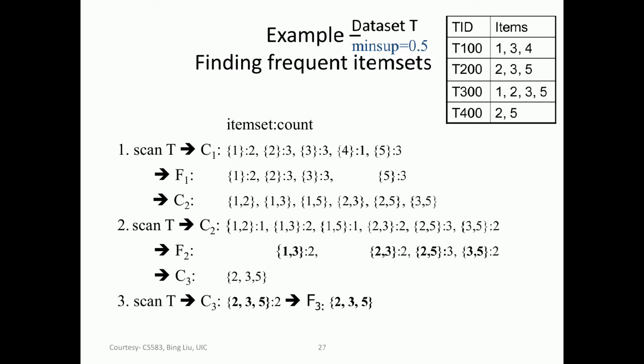As you can see, 1 3 has 2, 2 3 has 2, 2 5 has 3, and 3 5 has 2. The rest are eliminated because they are less than the minimum support. Then in the third phase, we combine those, so we combine 2, 3, and 5, and scan for 2 3 5, and the key is 2 3 5, and then you can have the rule from 2 3 5.